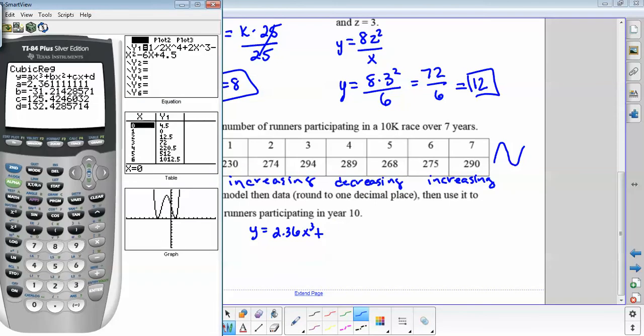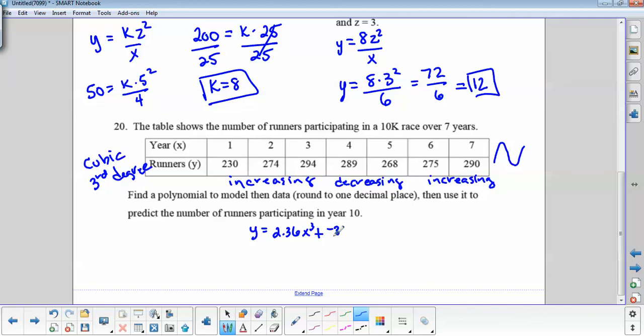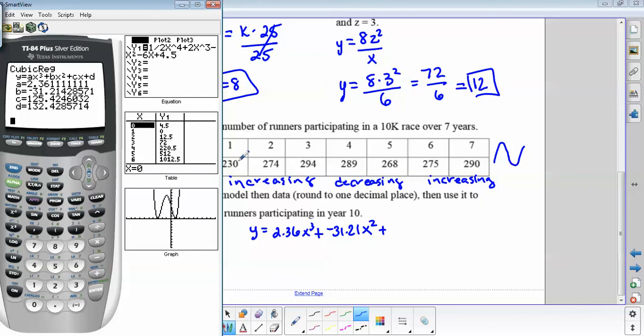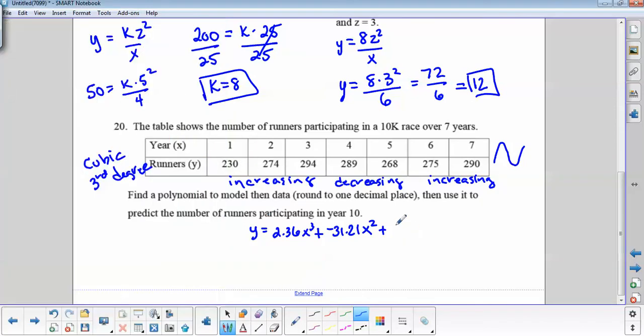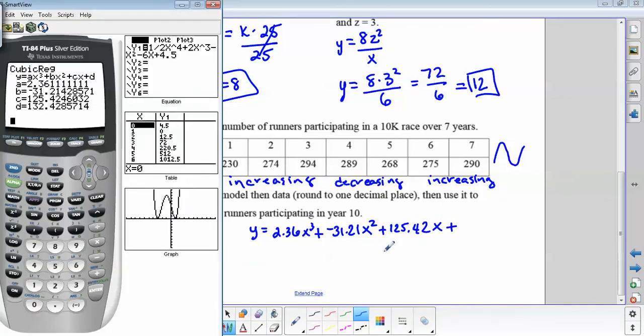Next one, negative 31.21 x squared. Plus 125.42 x, and then lastly 132.43.